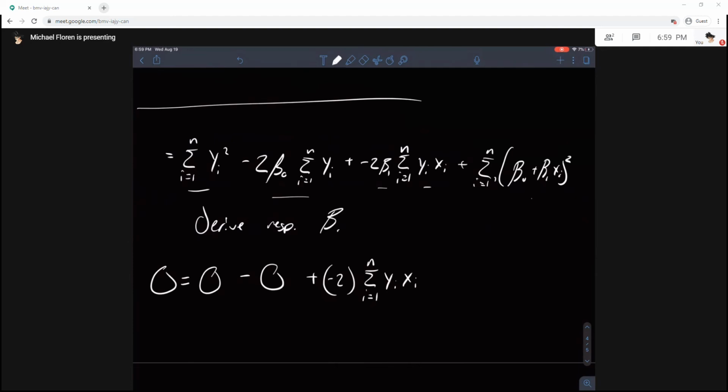And this last term also has beta 1s in it, so this is going to be plus the sum of i equals 1 to n. Now we take the derivative of the outside, so that's just the same as it was before, beta 0 plus beta 1 x sub i. But now we take the derivative of the inside, and the term on the inside that we care about is beta 1 times x sub i. If we take the derivative of that, that's going to leave us with another x sub i.